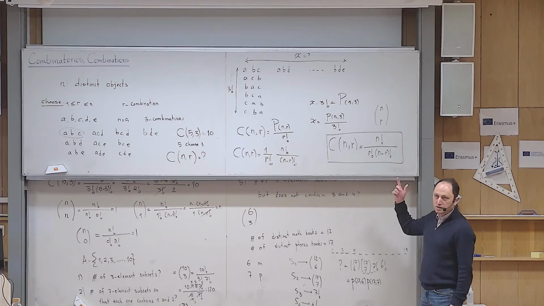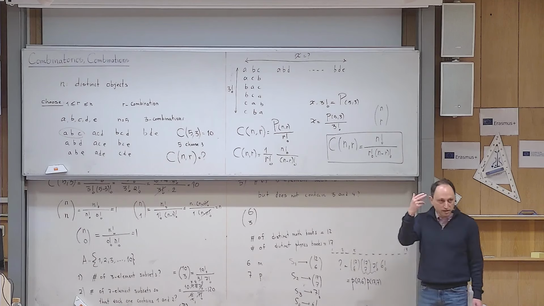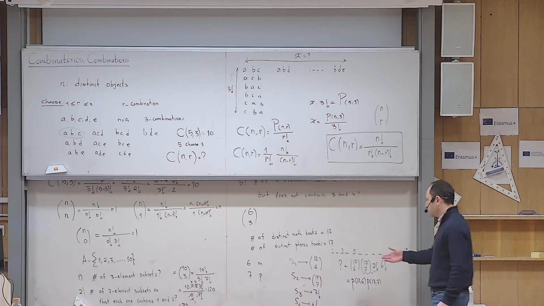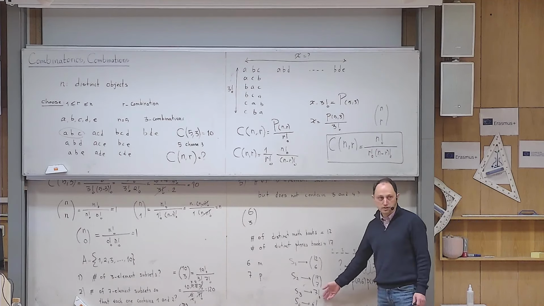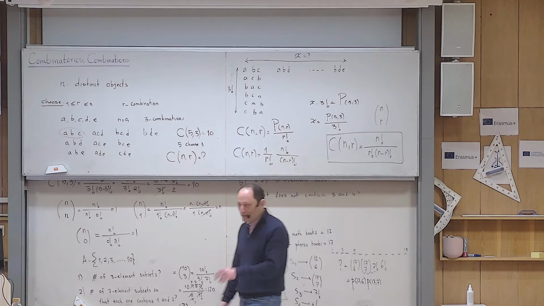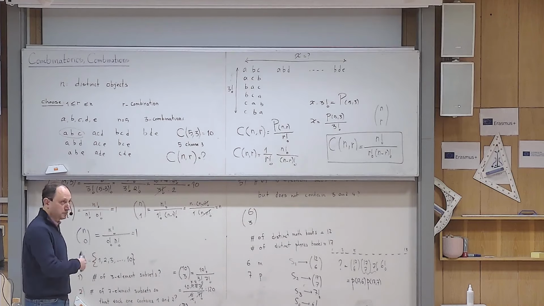Do you remember? That's exactly the model of P. And I will do another P for the second one. So you can think in terms of P for this problem, or you can think in terms of combinations. Which one is more suitable for you? It's better to have these tools in your toolbox so that you can change your perspective from one problem to another. Yes, is that clear?